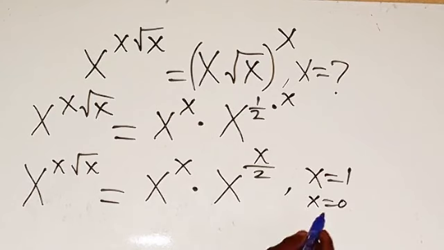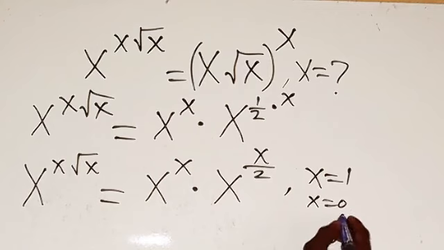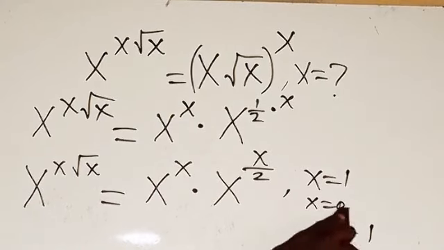But there's a particular issue, okay, when x equals 0 here, because some say 0 to the power of 0 is undefined, that is it doesn't exist, so indeterminate. So what are we going to do? And some say that it is still 1. So anyhow it is, okay, but we know that the one that is obvious is x equals 1.